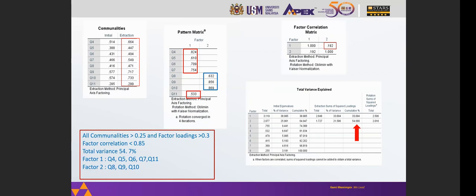If you run your SPSS, you will see the total variance from the previous step is smaller compared to this one. So after we remove the items, the total variance increases. So this is our last step.